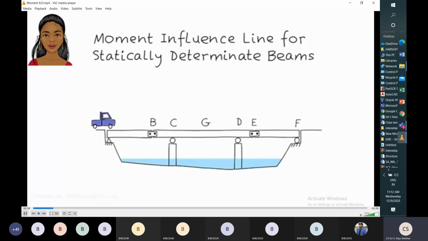If you observe this, this is hogging bending.